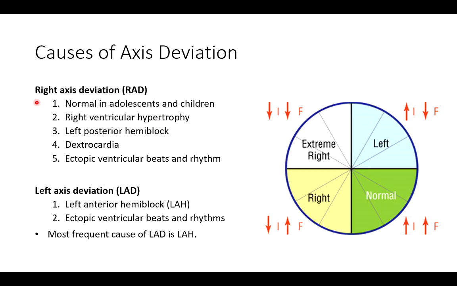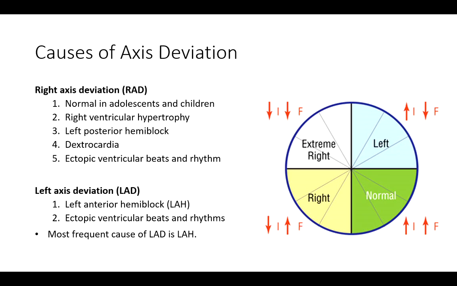This may not be anything to be necessarily concerned or worried about, especially if it's asymptomatic and there are no issues that seem to be present. Might be nothing at all. We could also have right axis deviation if we have a larger right ventricle. Think about the vectors for a moment. The vector's magnitude changes based on the size of the myocardium.